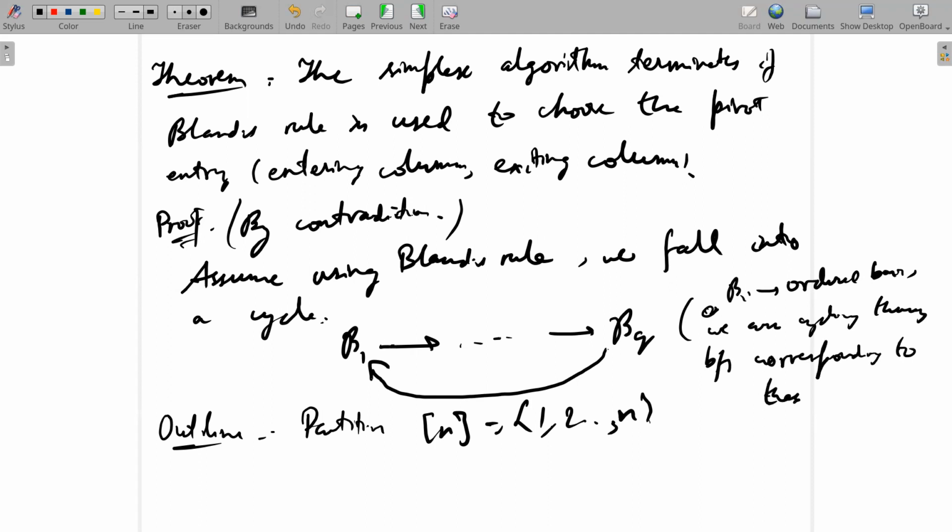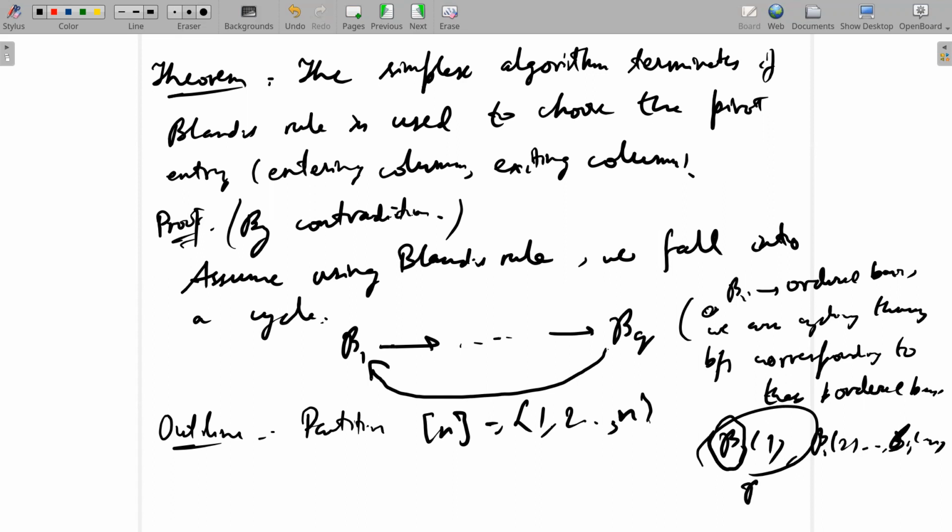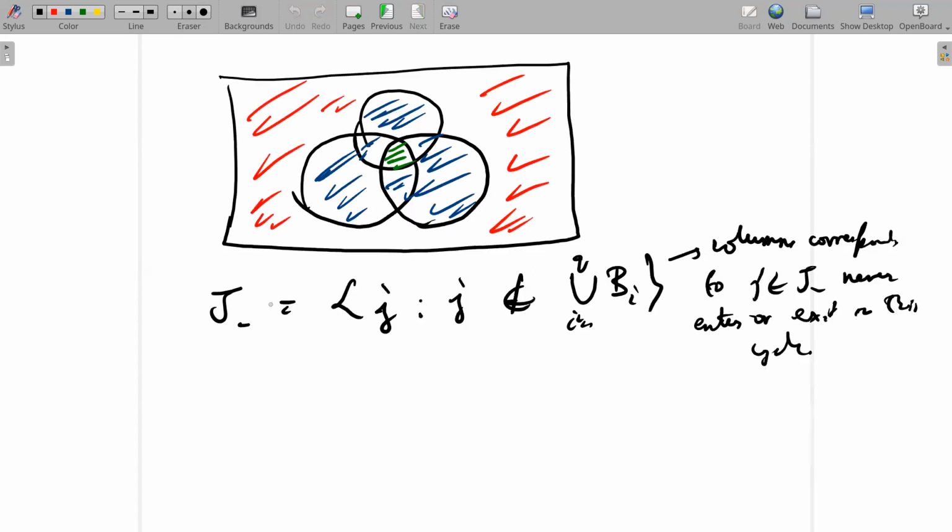That's why I said there is some abusive notation going on, because B parenthesis 1, B parenthesis 2 represents that you have a basis B and you are choosing the columns in that order. But with the subscript, if I write B11, this actually makes sense. I'm choosing the ordered basis 1 and its first element: B11, B12, and B1M. And similarly, I can talk about BQ1, BQM, and so on. So I hope that is not too confusing.